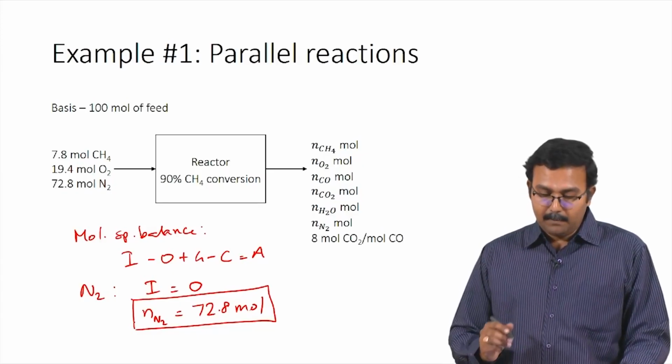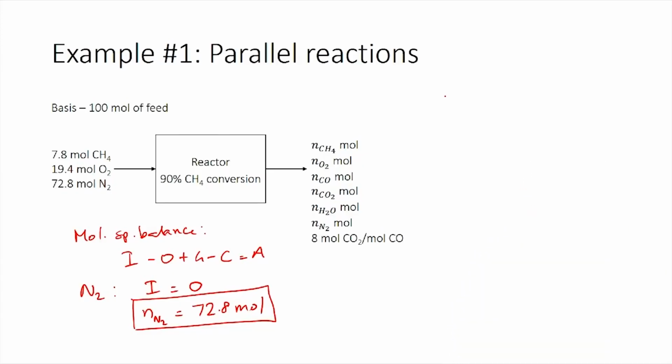Now we can write the balance equations for the other components. Let us start with the methane balance. Again, input minus output plus generation minus consumption equals accumulation. No accumulation at steady state. Methane is a reactant, which means there is no generation of methane. So the equation for output is input minus consumption. Input is already known, so we just need to calculate the consumption. Methane can technically be consumed by both reactions.